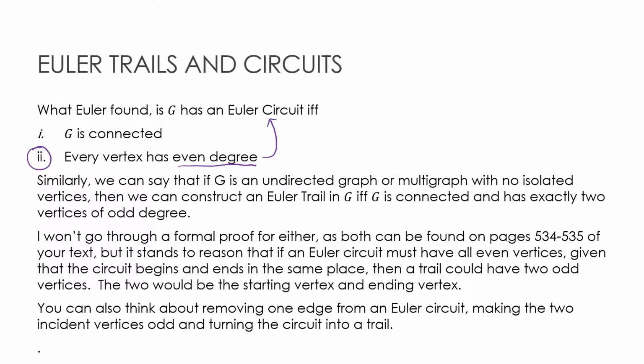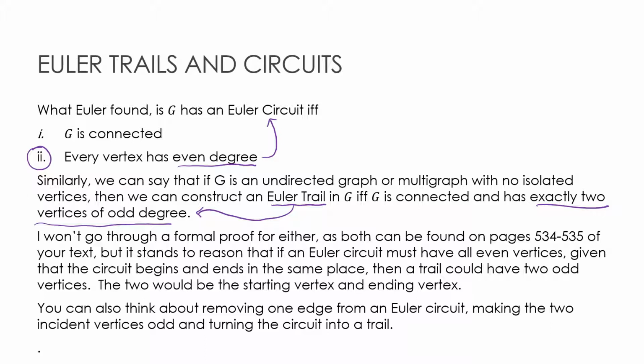Also, if it's an undirected graph or multigraph with no isolated vertices, then we have a trail if G is connected and has exactly 2 vertices of odd degree. So a trail has exactly 2 vertices of odd degree with everything else even. A circuit has every vertex of even degree.